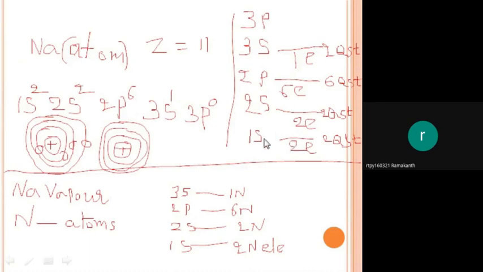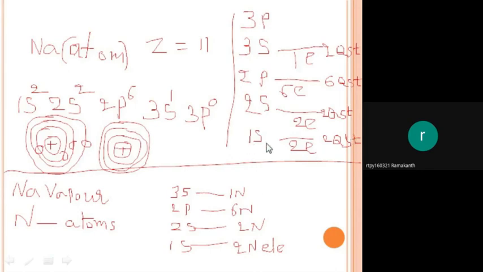Okay, so these are the energy levels. 1s, 2s, 2p are completely filled, 3s is partially filled, and 3p, 4s and the remaining are unfilled energy levels.